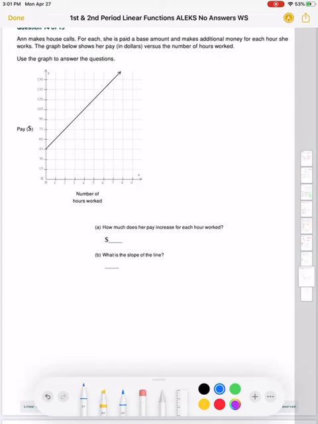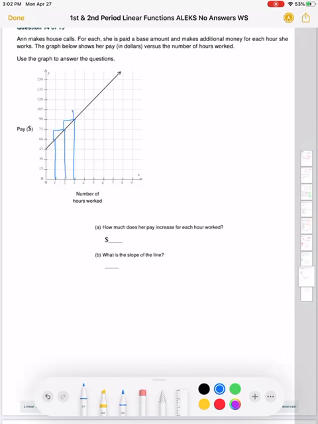Okay, word problem. It says, Anne makes house calls. For each, she is paid a base amount and makes additional money for each hour she works. The graph below shows her pay in dollars versus the number of hours worked. How much does her pay increase for each hour worked? So if we could come here and compare hour 1 to hour 2 to hour 3 and so on, what is that change?